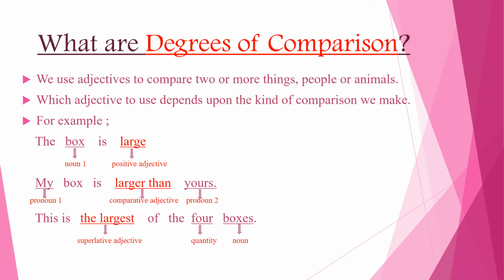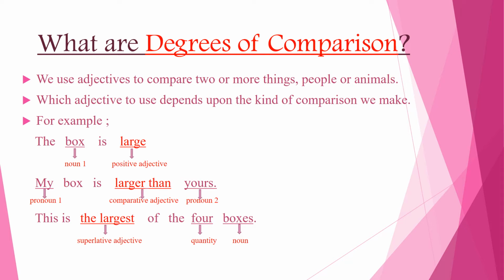In sentence number 3, this is the largest of the 4 boxes. In this sentence, I have compared one box with other 4 boxes of the same type or different type. So, I have 4 boxes, so the quantity is 4 and my noun is boxes.